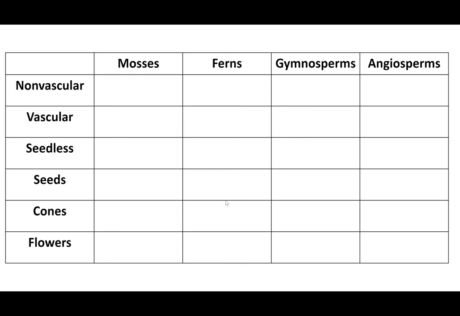And then finally, you have this chart, which was packet page 145, and it was already filled in for you with these check marks. So as far as non-vascular plants go, that's just mosses. Remember, non-vascular means there is no vascular tissue, no xylem and phloem. Vascular plants are ferns, gymnosperms, and angiosperms.